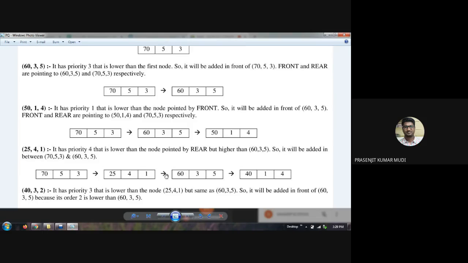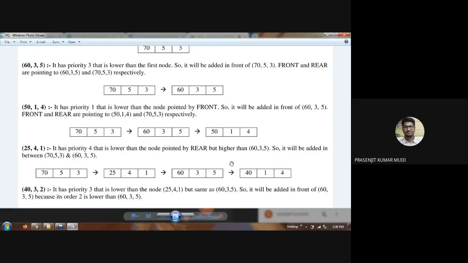So there are two options. 43, 3, 2 may get inserted in between this element and this element, somewhere here where my cursor is highlighting, or somewhere here, right? Because you can put it here also.